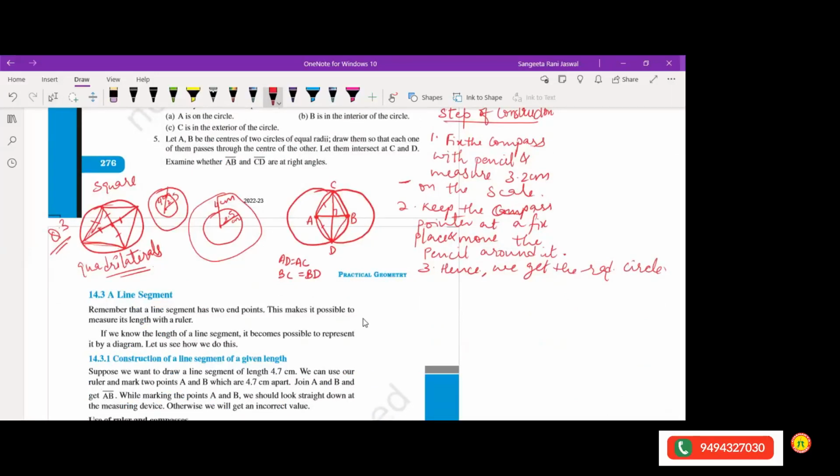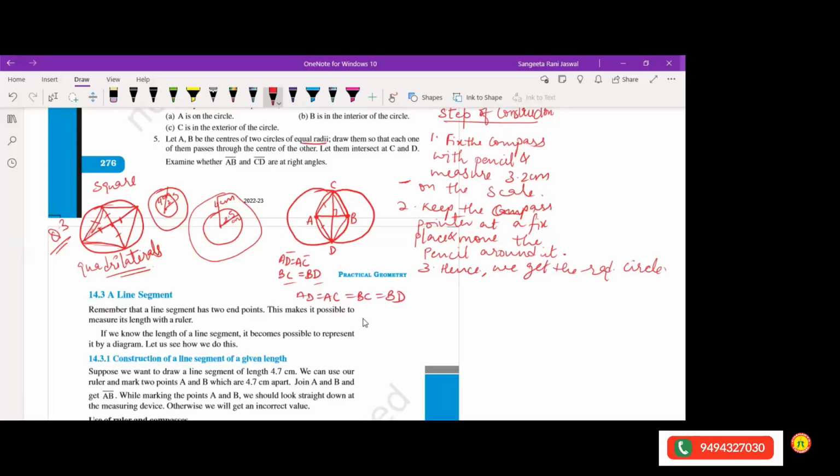And both the circles have the same radius. That means all these radii are equal: AD is equal to AC is equal to BC is equal to BD, because both circles were made with equal radii, as mentioned in the question. So all sides are equal in this quadrilateral and the diagonals are perpendicular.